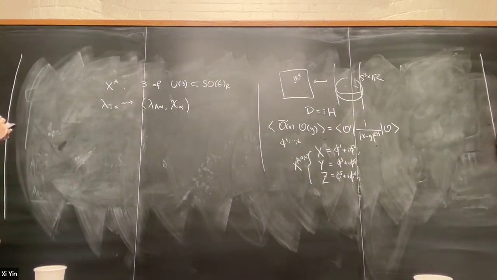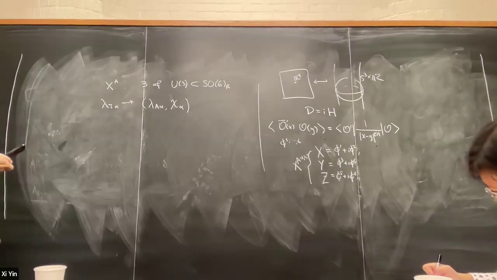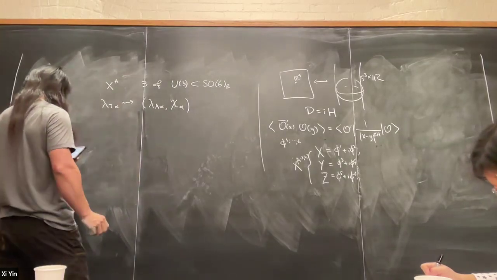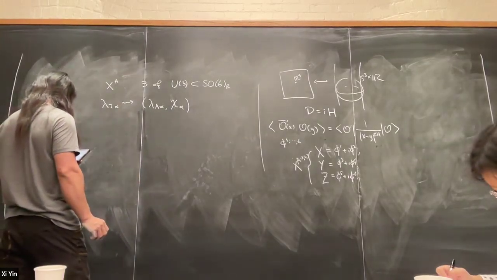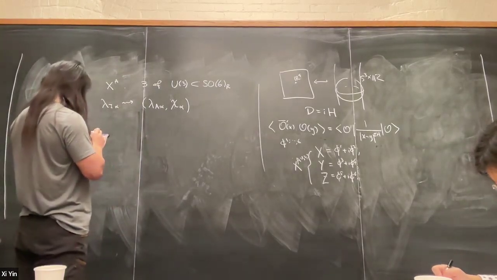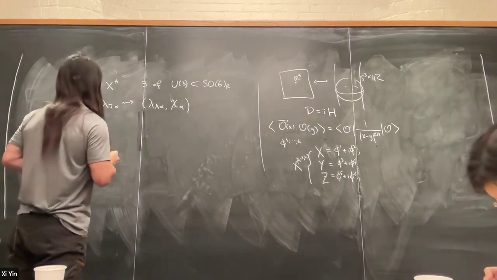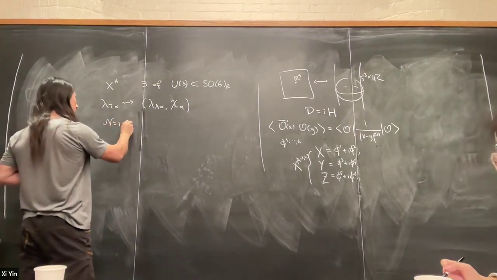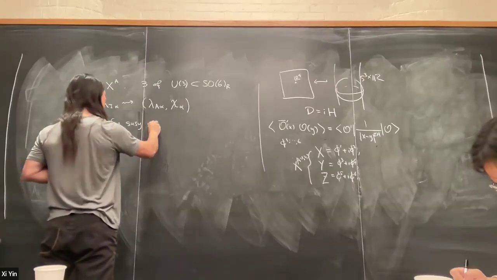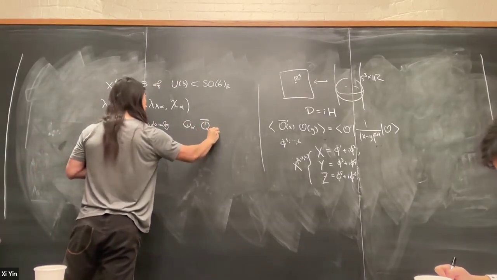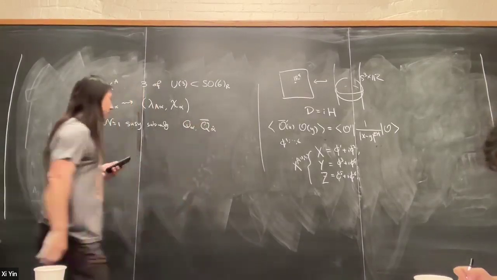We're going to focus on the N equals 1 SUSY subalgebra generated by Q alpha and Q bar alpha dot, so I'm changing notation now.